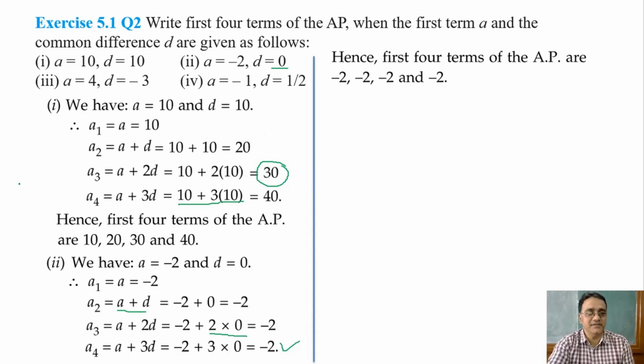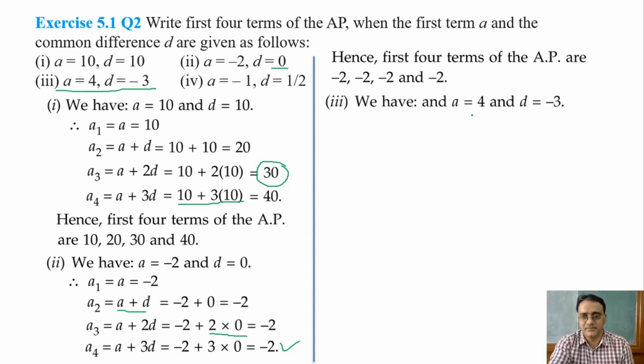Now next question, A is equals to 4 and D is equals to minus 3. So what is the first term here? 4. Second term, A plus D. What are we getting? 4 plus minus 3, that is 1. 1, right.